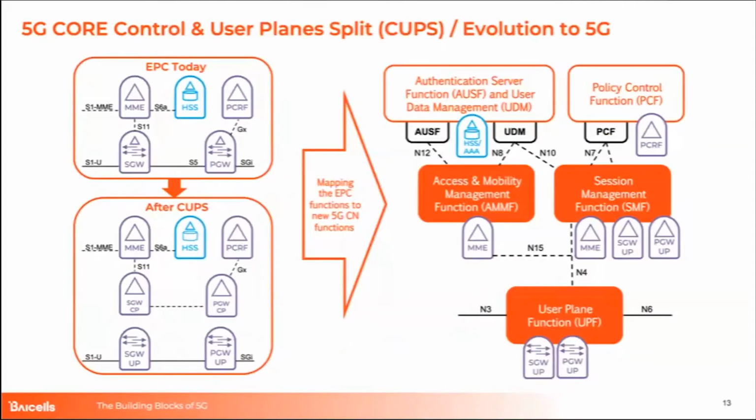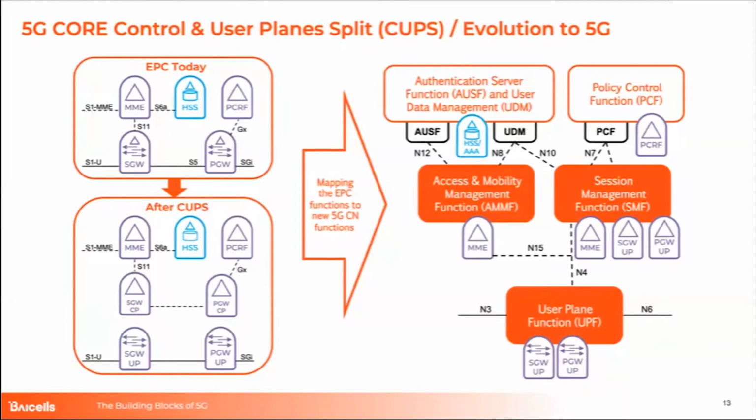All right, let's talk about the core now. This slide will explain the actual evolution from LTE to 5G, how LTE morphed into 5G. There are 3 main functions; if you remember, I mentioned the user plane and the control plane.